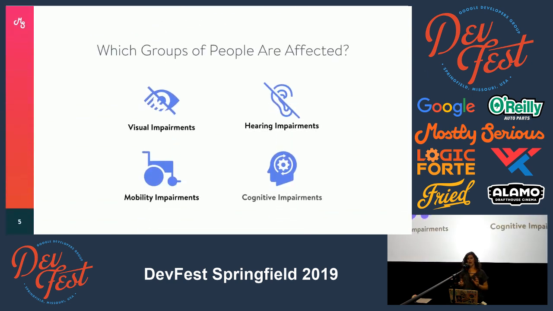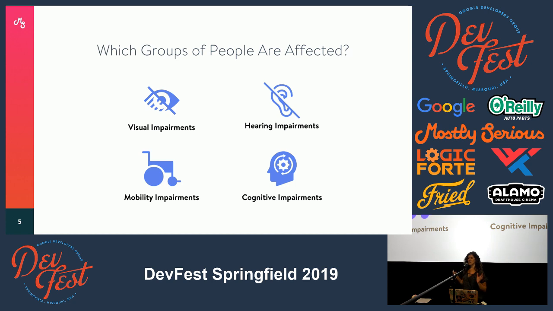So when we're talking about accessibility, we want to kind of think about the groups that that accessibility, or lack of accessibility, affects. So the most obvious group here is people with visual impairments. The World Health Organization estimates that 285 million people worldwide have low or reduced vision, and 39 million of those people are completely blind.